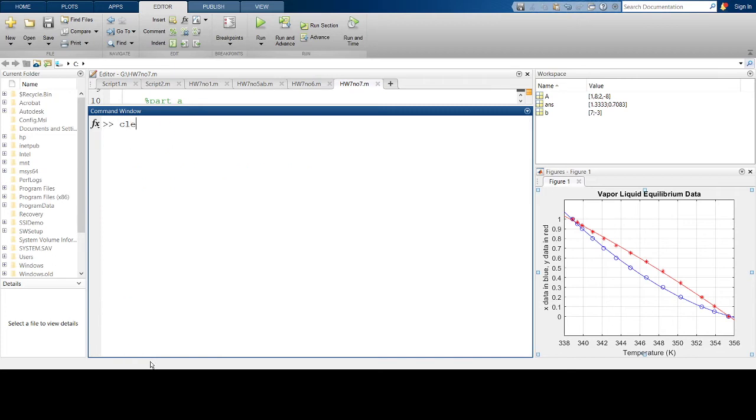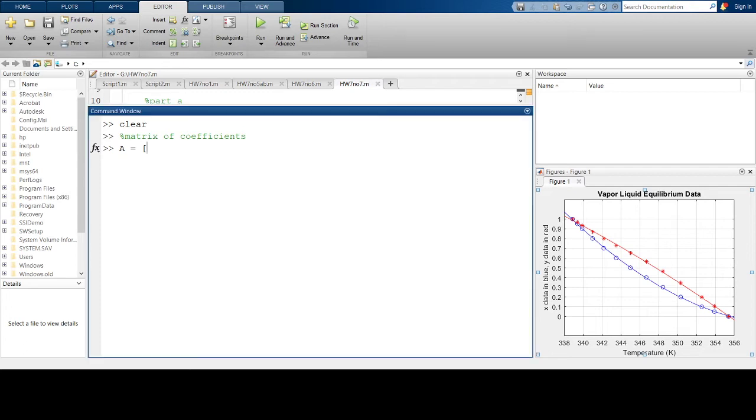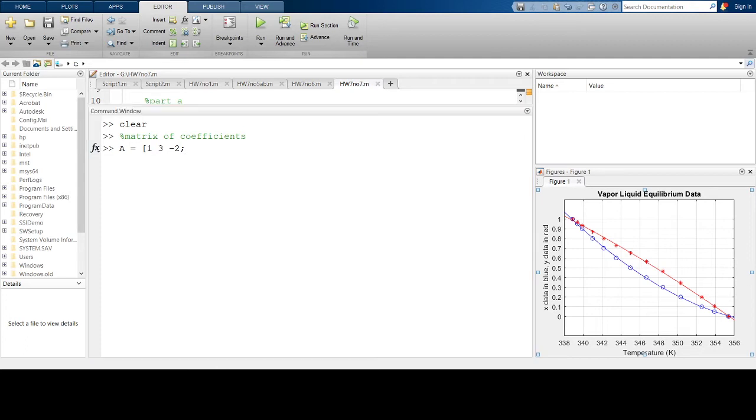I'm going to clear, and then create first my matrix of coefficients, and again I'm using capital A to do so. I have x plus 3y minus 2z, so it's going to be 1, 3, minus 2 for the first equation, semicolon to move to a new line.